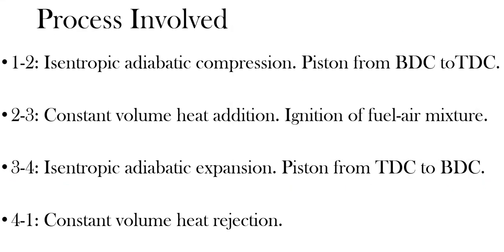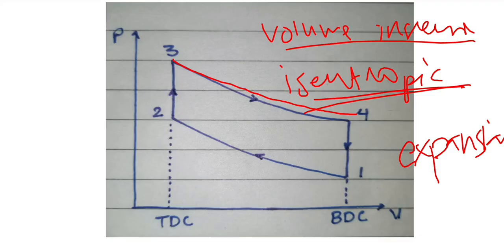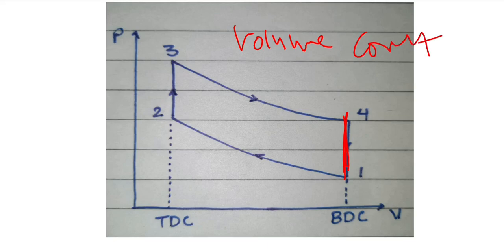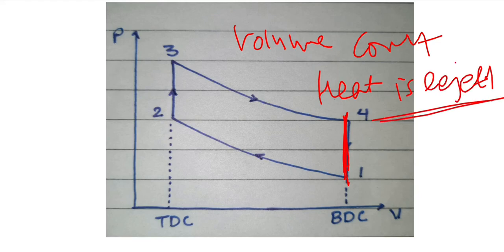Okay, and now the last process. What will be the last process? From 4 to 1, what will happen? Again the volume is constant, and here from 4 to 1, heat is rejected. Heat is rejected by the cycle. So what does it mean?